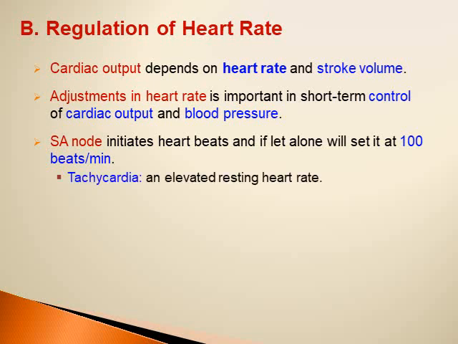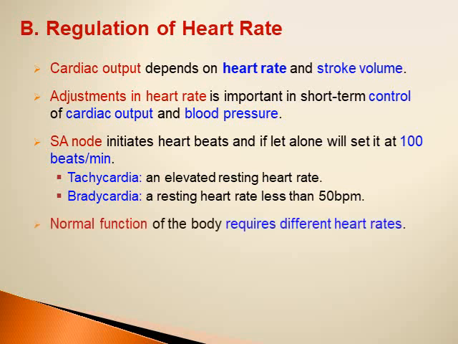There is a term called tachycardia, which is an elevated resting heart rate above 100 beats per minute at rest. The other term is bradycardia, or slow heart. Resting heart rate is less than 50 to 60 beats per minute.